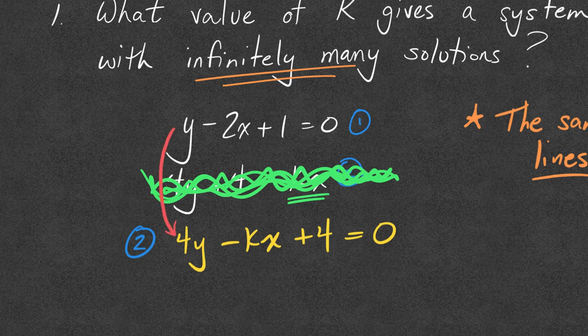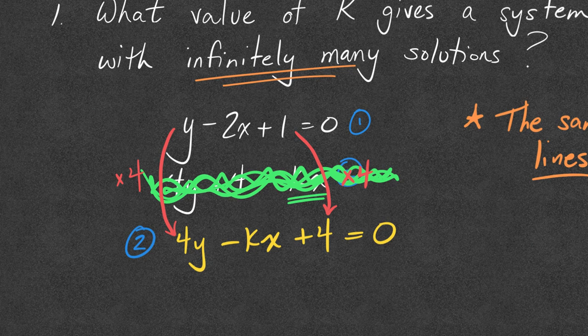How did I change it? Remember, they look different. And I'm hoping we can see that that looks like we multiplied by 4. Okay. Well, if they are the same line and we multiplied one term by 4, then we would have to multiply all terms by 4. Let's do a quick check on the constant. Yep, 1 times 4 is 4.